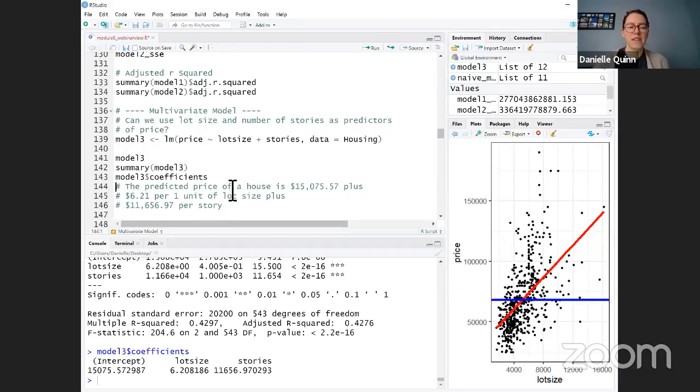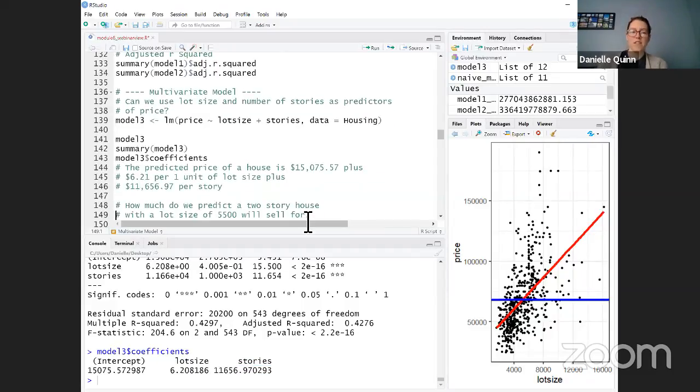And we can still use the $ coefficients to pull out the coefficients from the model. So the way that we can interpret this is that the predicted price of the house is going to be about $15,000 plus $6.20 per 1 unit of lot size, plus about $11,600 per story.